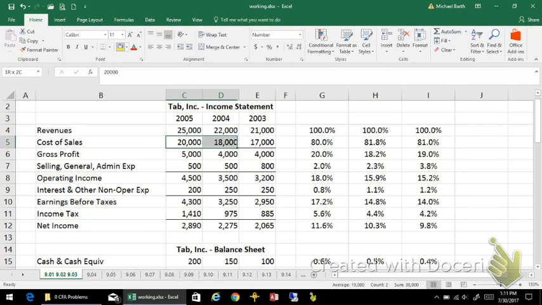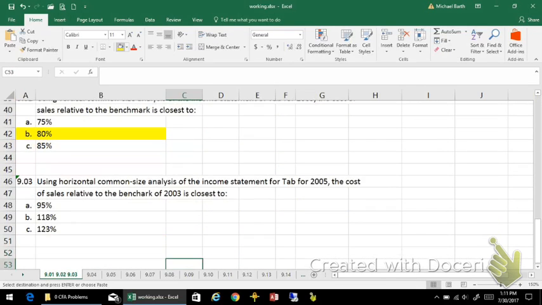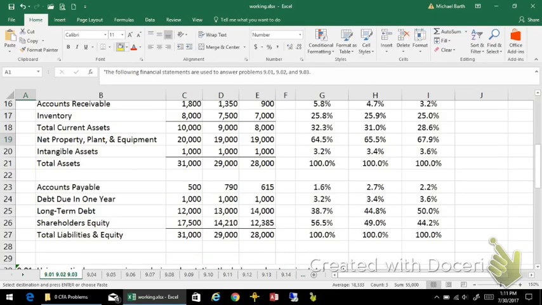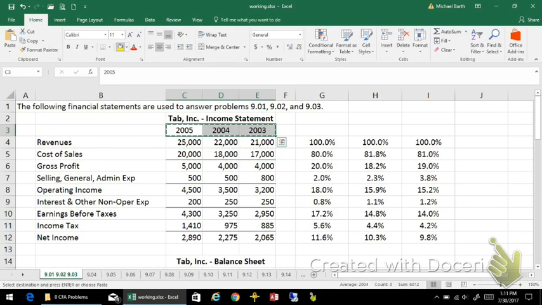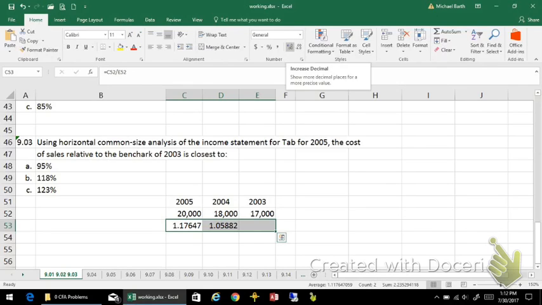So for our 3 years here, we would divide each of the numbers by 2003. Now that's the way this particular textbook does it. Other people simply divide each year by the year prior, so you'll get a percentage change from year to year. All right, so two different ways of doing it.